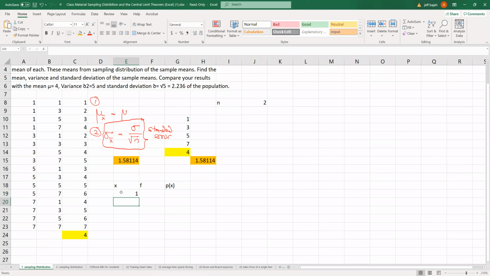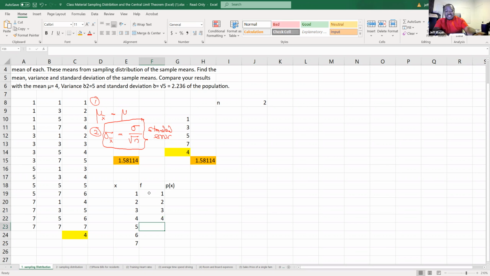1, 2, 3, 4, 5, 6, 7. How many ones do we have there? 1. How many twos? 2. How many threes? 3. How many fours? 4.